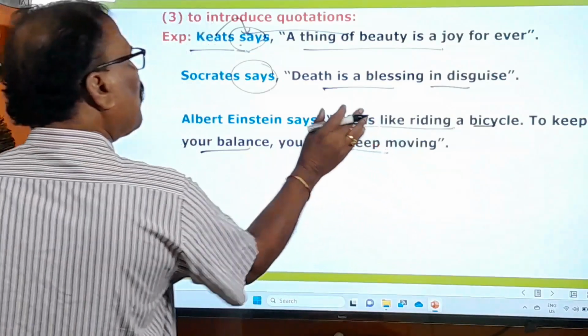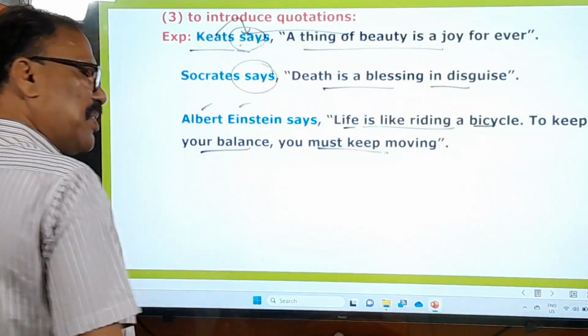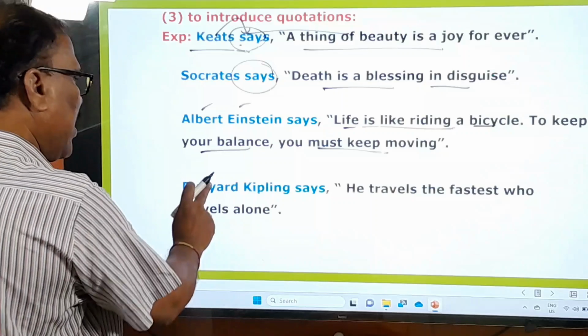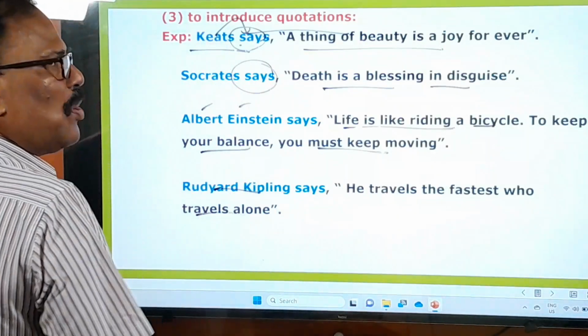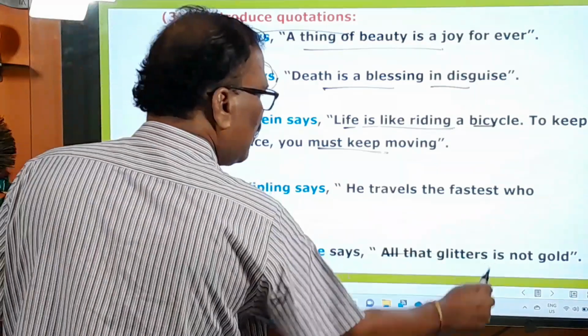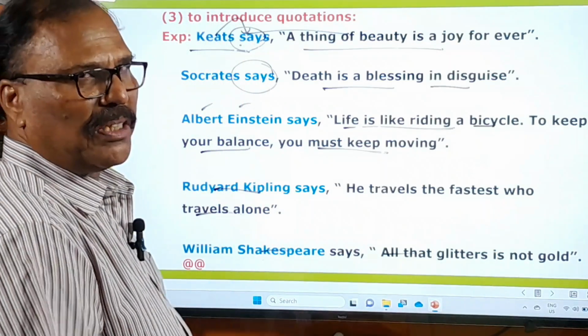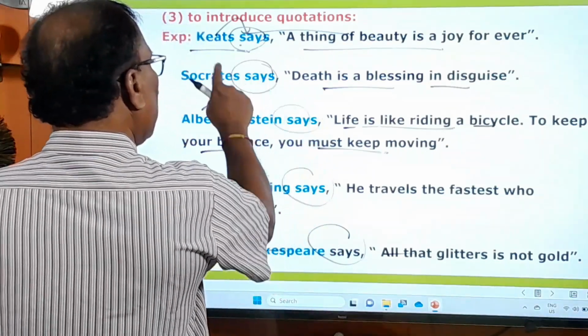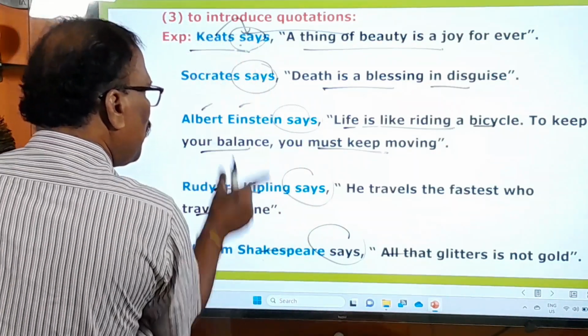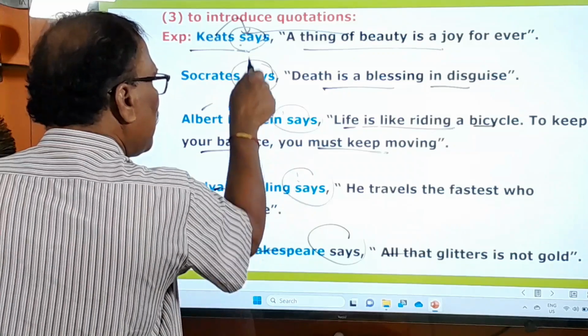It's a beautiful quotation. And Rudyard Kipling, famous poet: he travels the fastest who travels alone. William Shakespeare says, all that glitters is not gold. I need not tell you that. But in all these, says. So to introduce quotations, we use only the simple present.